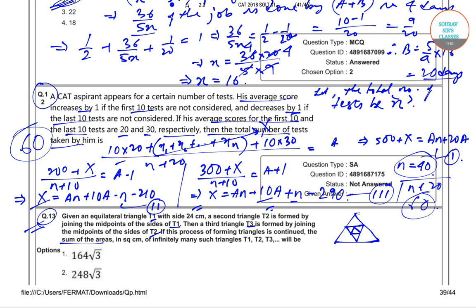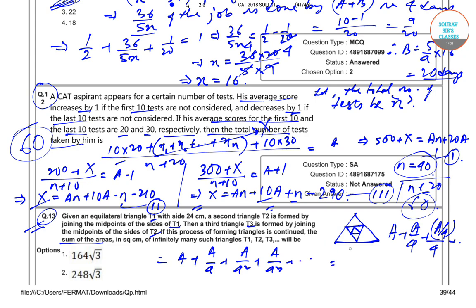So if initially the area was A, the area of the second triangle became A by 4, and the area of the triangle within it became A by 4 by 4. Okay, and it will go on. So the structure will be somewhat like A plus A by 4 plus A by 4 square plus A by 4 cube and so on.